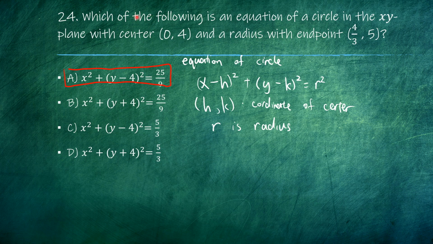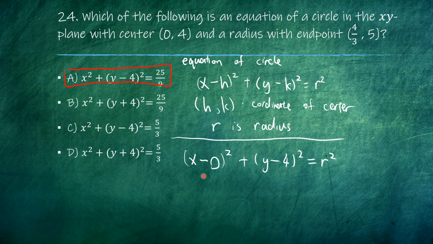So from the question, we have the center at 0 and 4. So let's plug that in. We have x minus 0, which is the h in this case, plus y minus k, in this case 4. So (y - 4)² is equal to r².